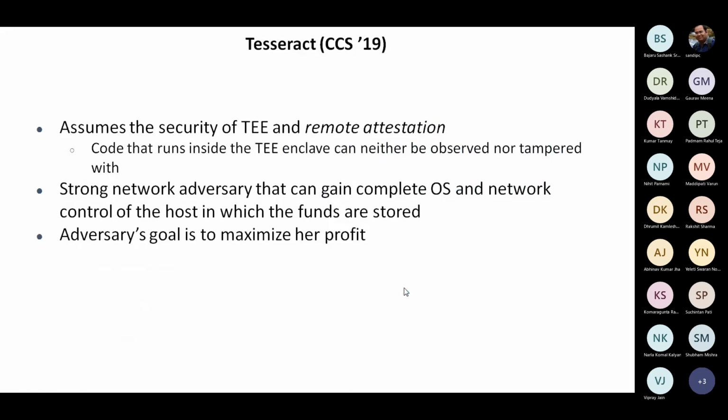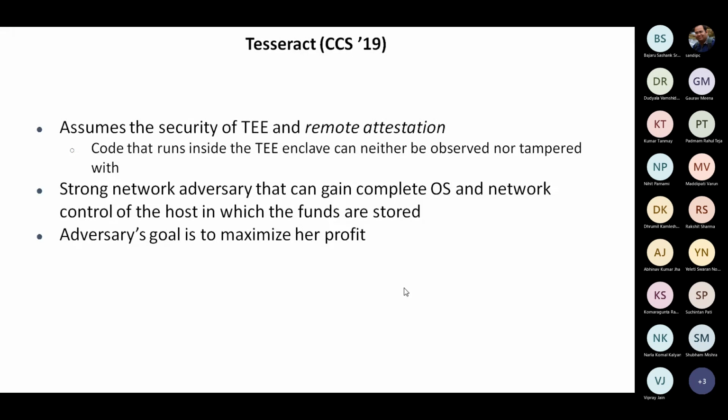That is what you call remote attestation. That means Intel SGX gives an attestation that this is the version of software that is, for example, running. So any client can verify that if I am interacting with this particular version of this exchange, then you get that version number directly from the hardware itself.